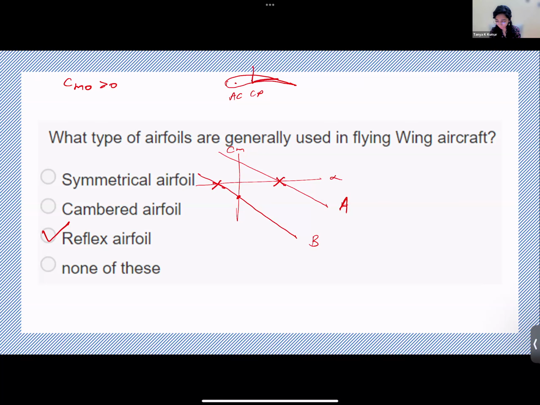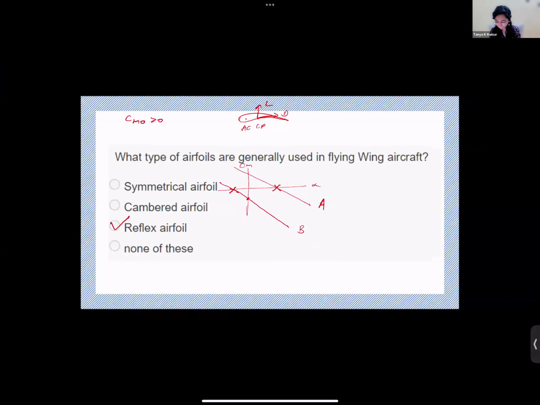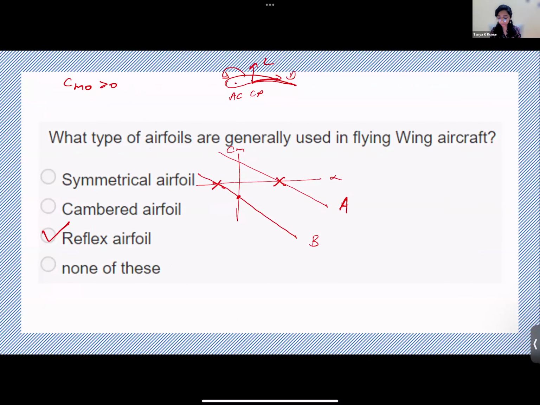So this lift and drag are transferred to the AC, and when you transfer the forces to another point, it also comes with a moment. Since the CP is behind AC for a cambered airfoil, it comes with a pitch down moment. So in this case, Cm naught is less than 0.